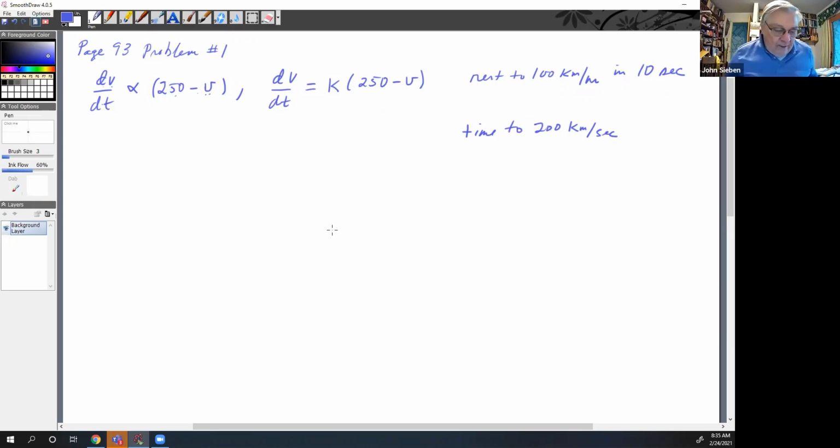And we can calculate the acceleration here over the first 10 seconds because what is acceleration? It's time rate of change of velocity.